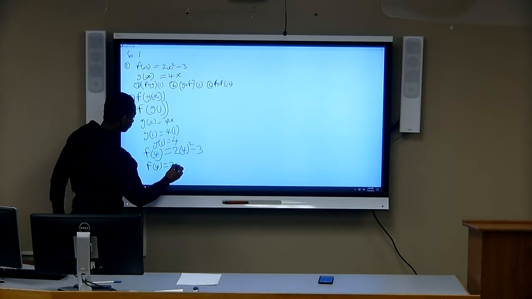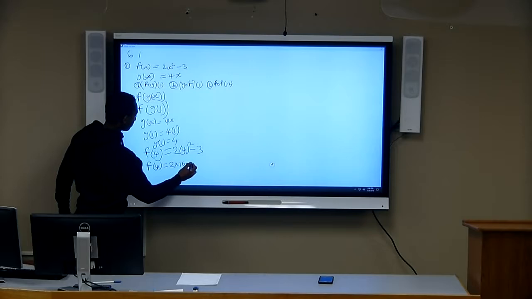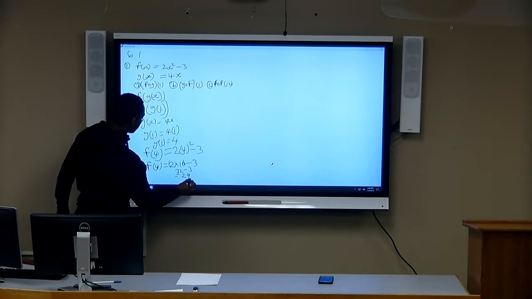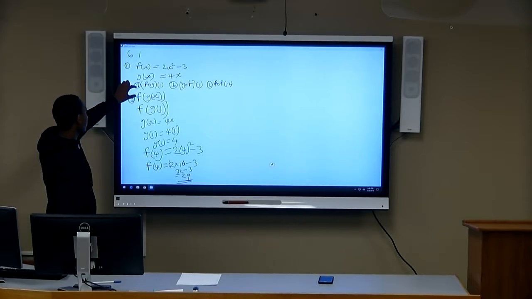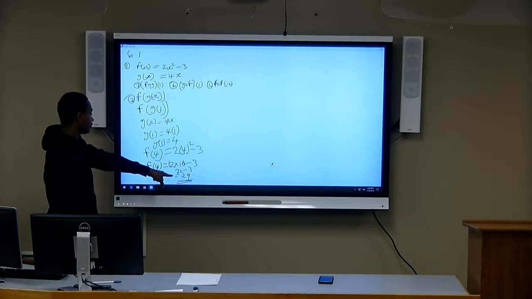So it's going to be 2 times 16 minus 3. 2 times 16 is 32. 32 minus 3 is equal to 29. So f circle g of 1 is equal to 29.